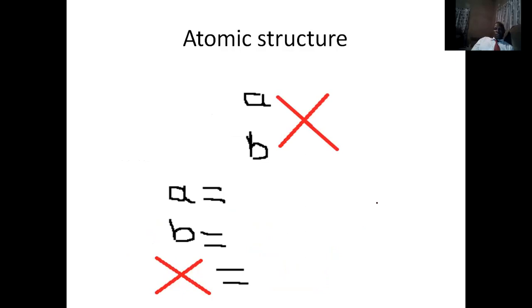And so for an atom, this symbol X here is representing the atomic symbol, a symbol of an atom. The top part, which is A, is the atomic mass.